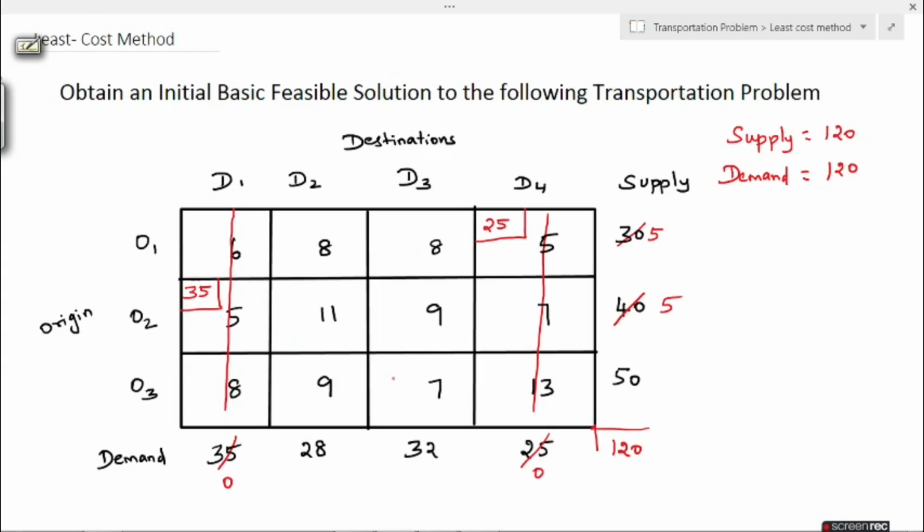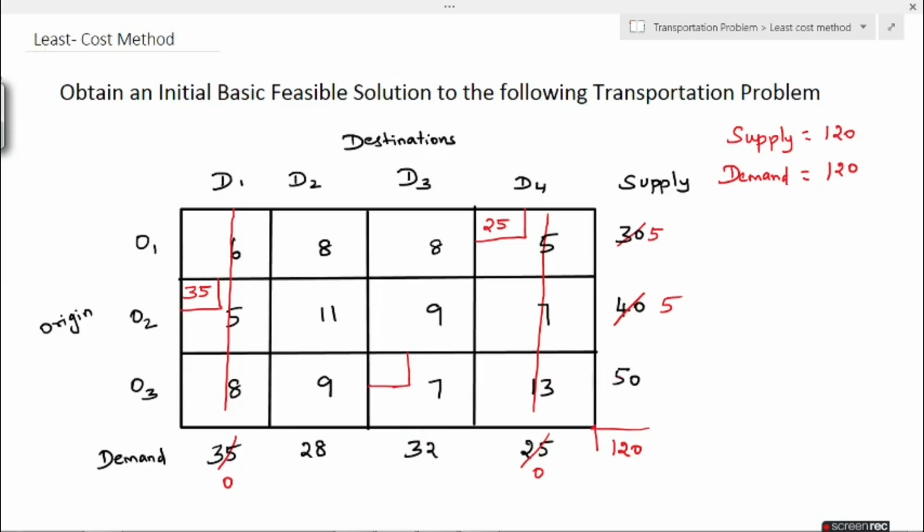So we cancel the corresponding column. Next, consider the remaining values: 8, 8 in the first row, 11, 9 in the second row, and 9, 7 in the third row. The least value is 7, so our next allocation is here. The corresponding demand is 32 and the corresponding supply is 50.